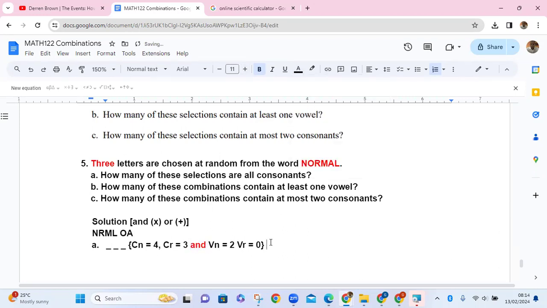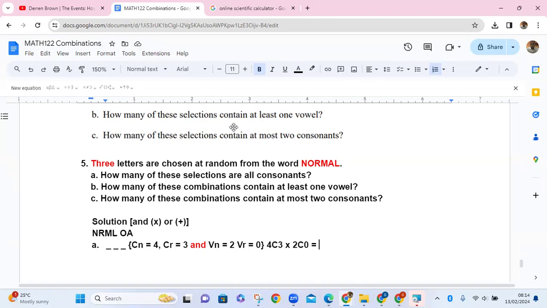So that will be 4C3 times 2C0. Because for each of the 4C3, we have 2C0, and that simultaneity is a times. So that should give us our answer. Bear in mind, we know that 2C0 is equal to 1.